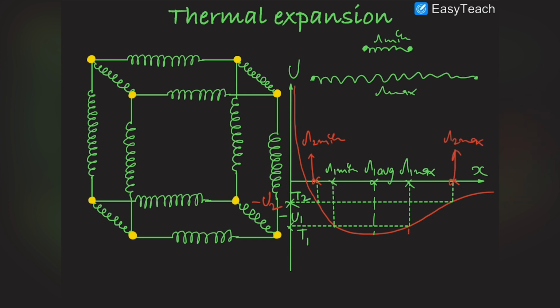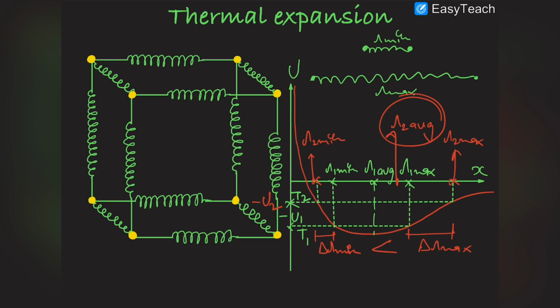Now you can easily observe that the change in R max is quite greater than the change in R minimum. So delta R maximum is much greater than delta R minimum. Therefore, this average R would not remain at the same position. In fact, due to the greater increase in R maximum, the average separation between the atoms would shift towards R maximum, and this is the new average separation of the atoms.